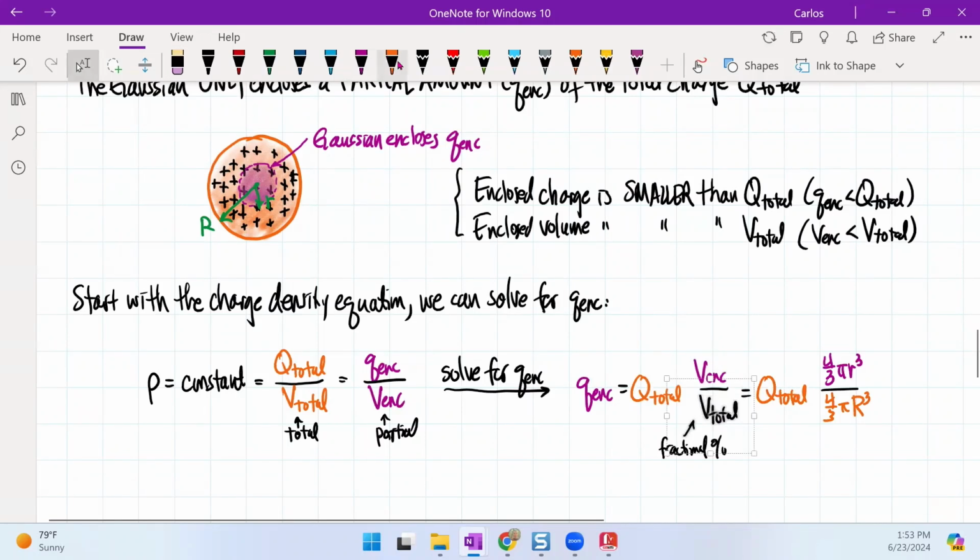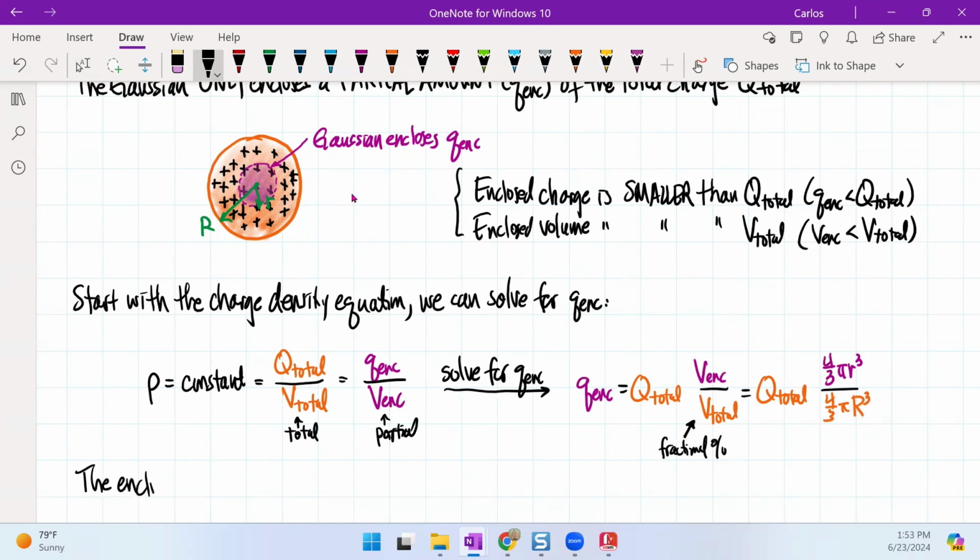So if I write this out, you're seeing that the enclosed partial charge of a sphere is R dependent.